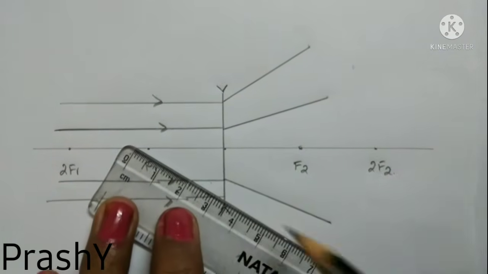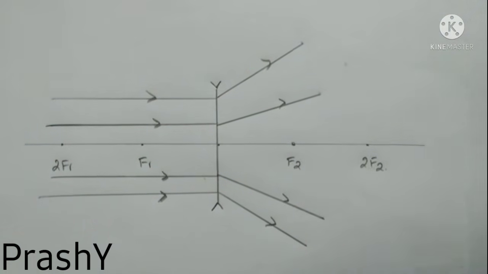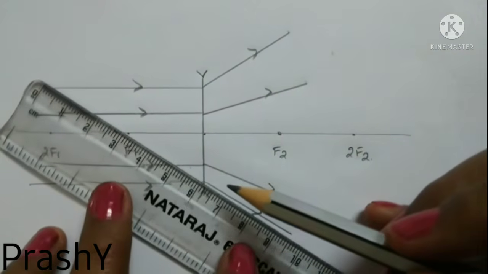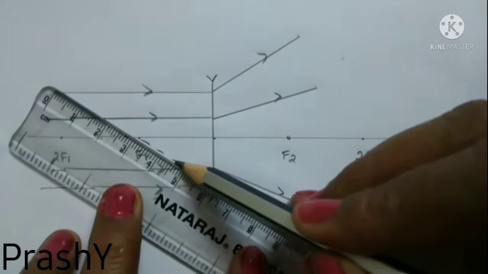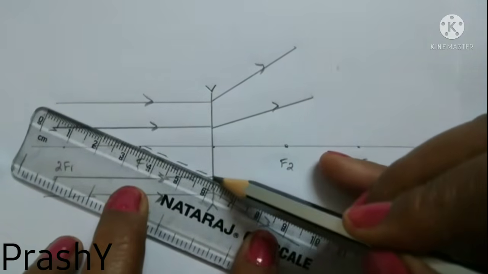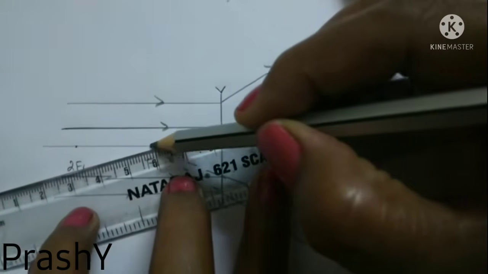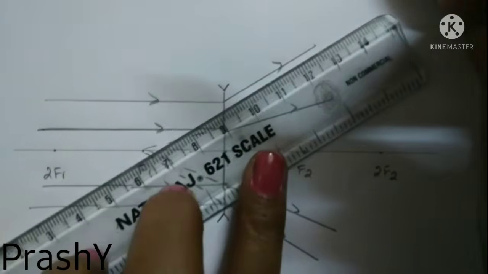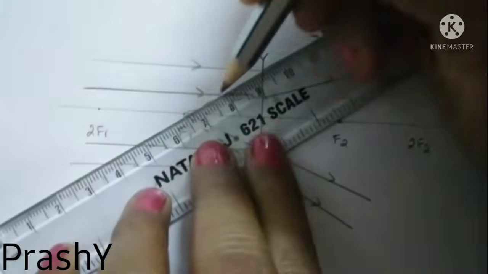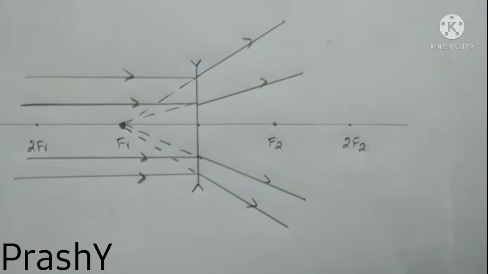These are the refracted rays. When I extend these diverging rays backwards, they all meet at a point. They appear to emerge from the focus. So here the image is formed at focus F1. This is the image for the concave lens.